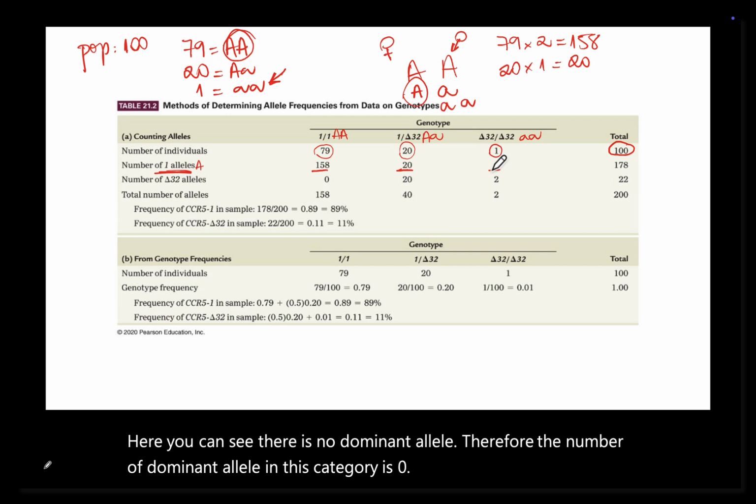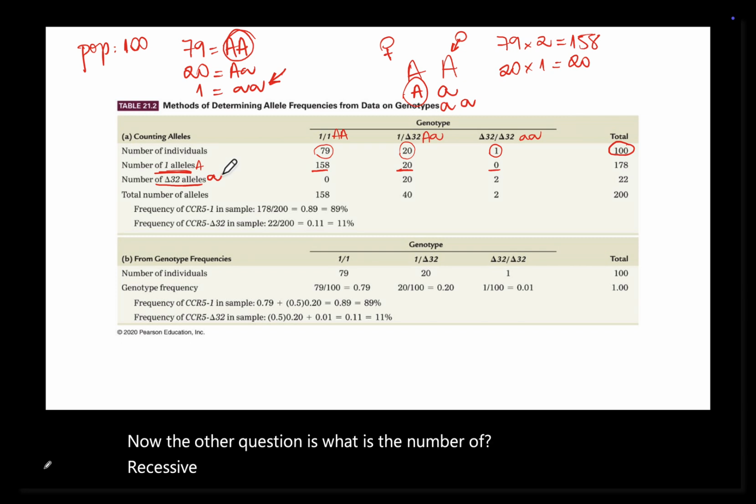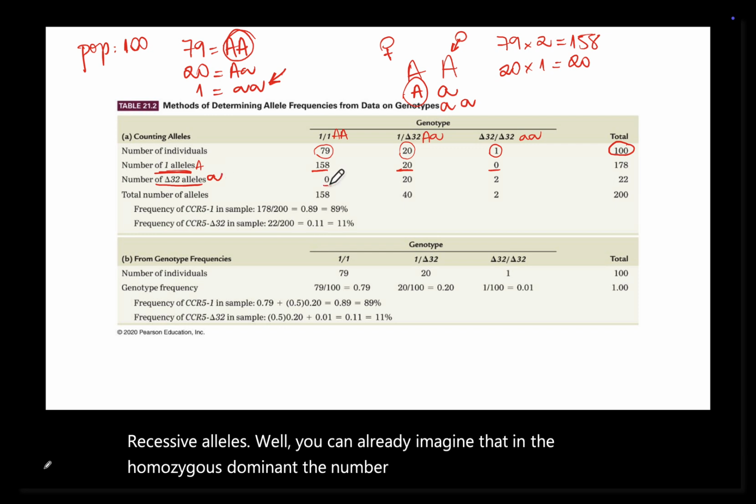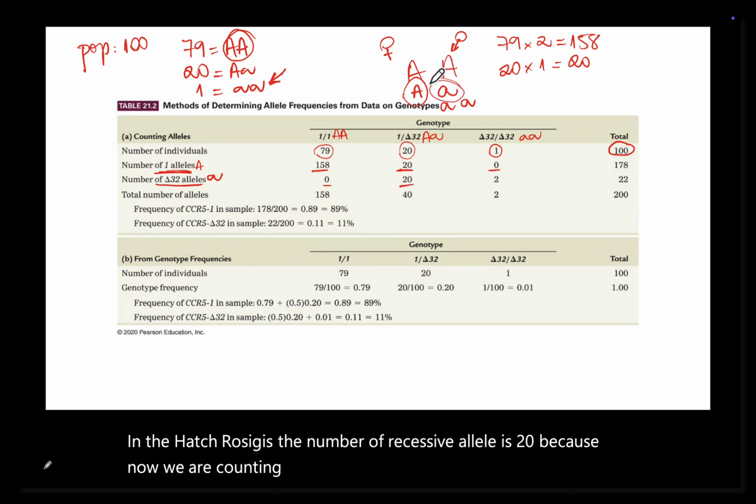Now the other question is, what is the number of recessive alleles? Well, you can already imagine that in the homozygous dominant, the number of recessive alleles is 0. In the heterozygous, the number of recessive alleles is 20, because now we are counting these other alleles.